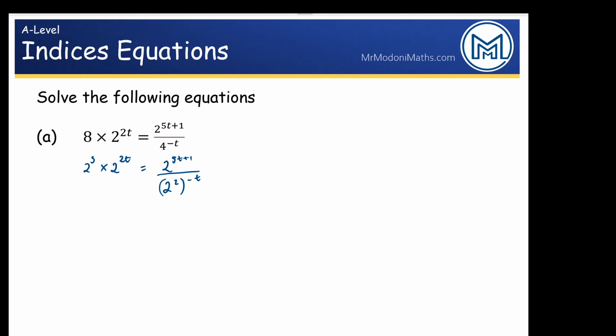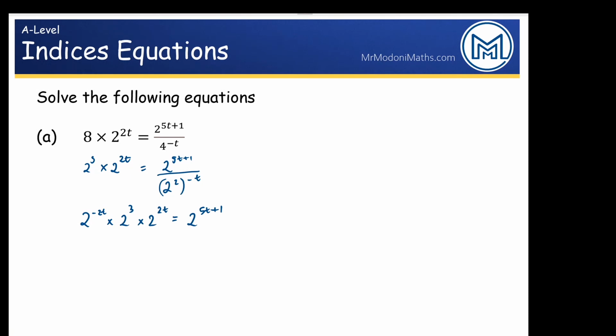Simplifying this further and then getting rid of the fractions will get it into the form where we've got 2 to the power of minus 2t times 2 to the power of 3 times 2 to the power of 2t on the left-hand side, and on the right-hand side we're left with 2 to the power of 5t plus 1.